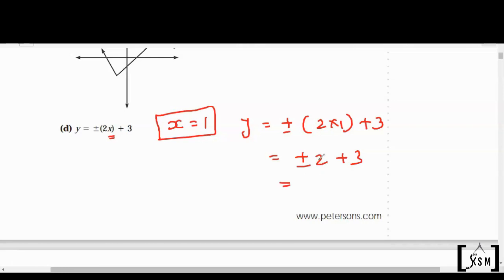Taking the positive value, plus 2 plus 3, we get 5, and taking the negative value, negative 2 plus 3, we get 1. So for one single x value of 1, we are getting two values of y, which is not a function, because a single x should give a unique y, right? So it is not a function.